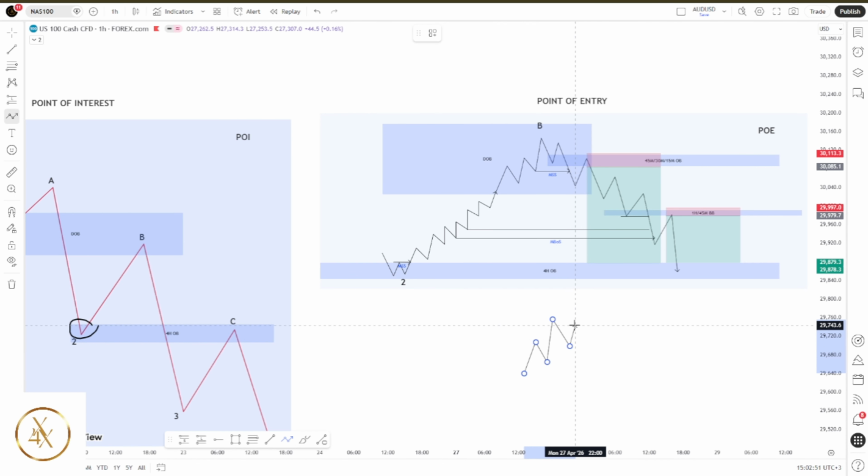I mean the point of entry becomes our entry to short the market, and that is what happened right here.